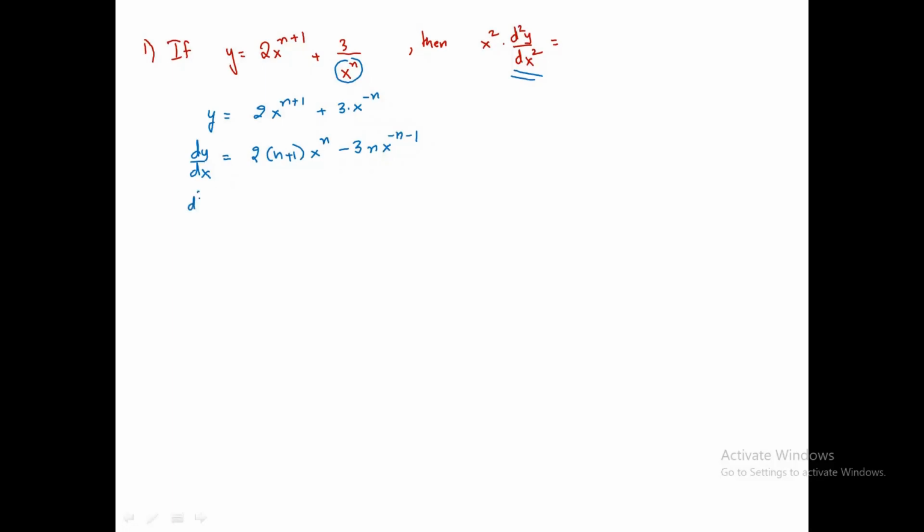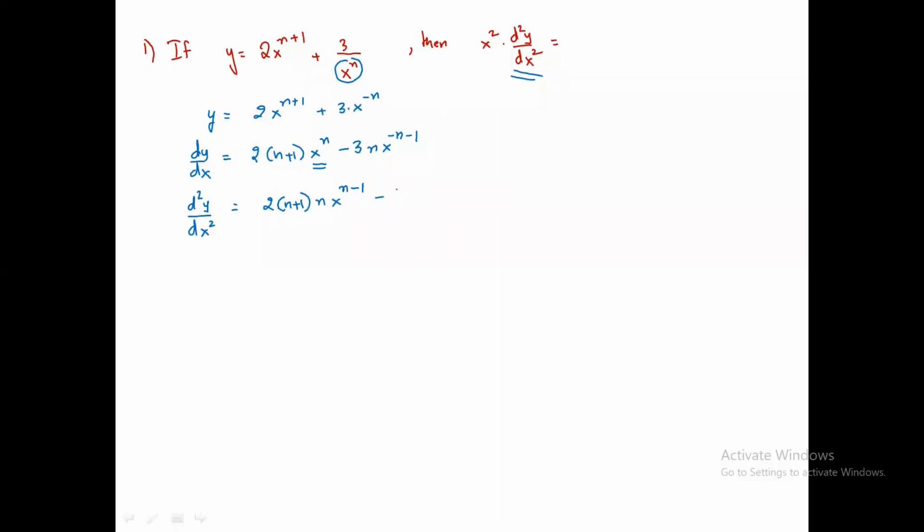But we have to find the second derivative, d square y by dx square. So for that, 2 is a constant, n plus 1 is a constant. We have to find derivative of x power n, which will be n into x power n minus 1.